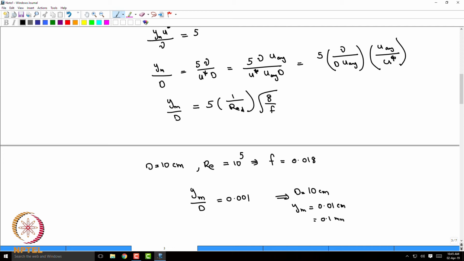You would definitely see it, right? In other words, the wall layer is not really on a flat plate. It's actually seeing all the crests and troughs, and it's actually moving on a very uneven surface. Agreed? Okay, because the thickness itself is very small.